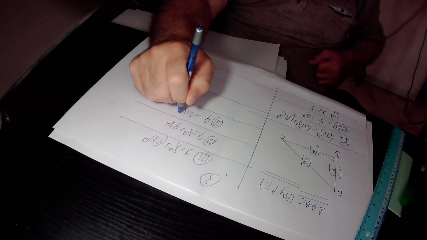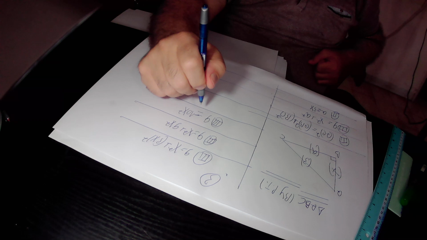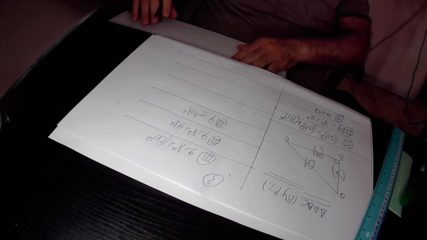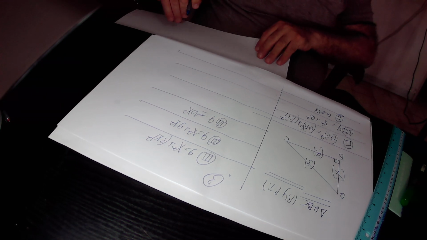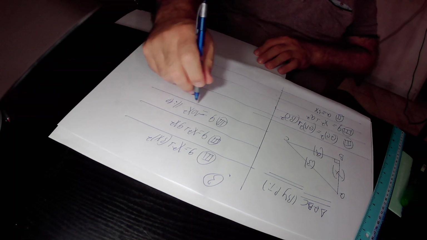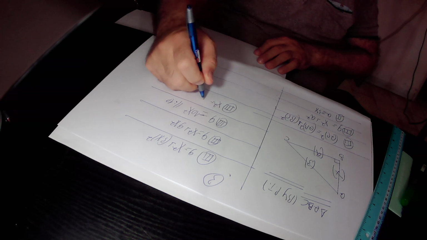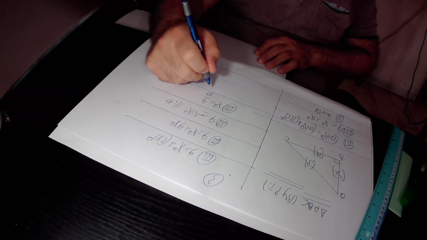So according to equation 3, 9 equals 10x squared. Here we divide this equation 3 by 10. And finally we get that x squared equals 9 tenths.